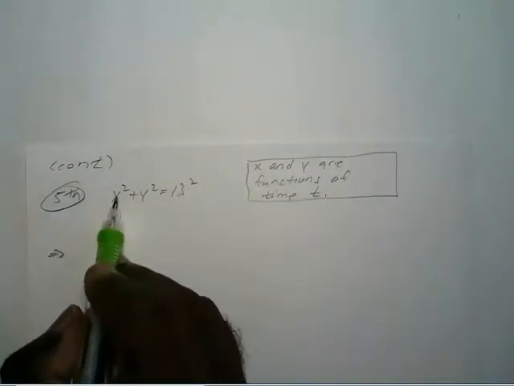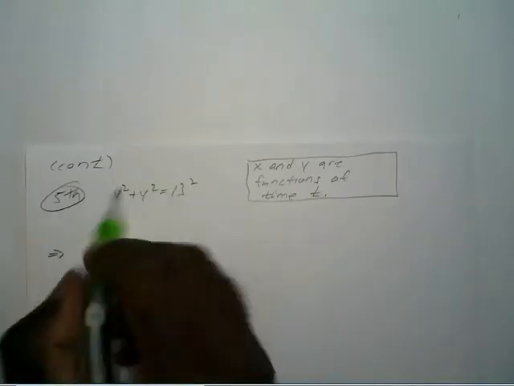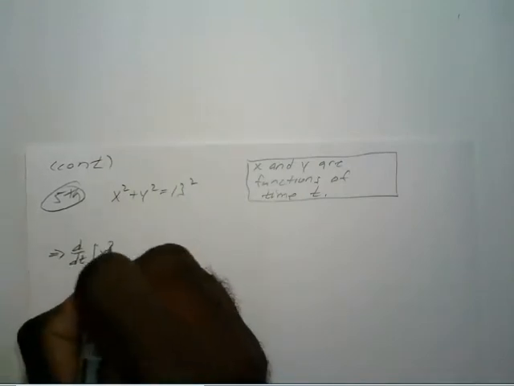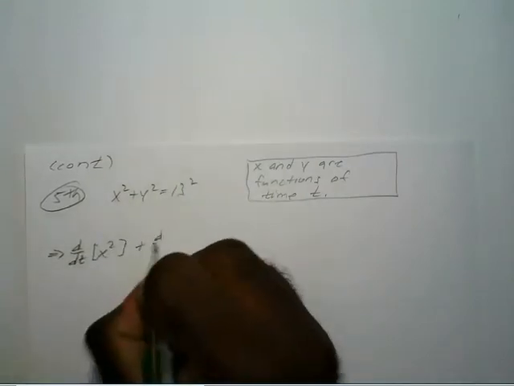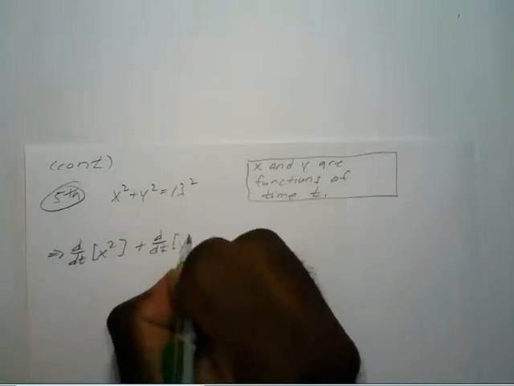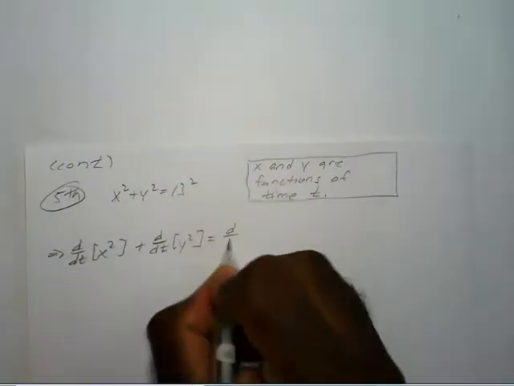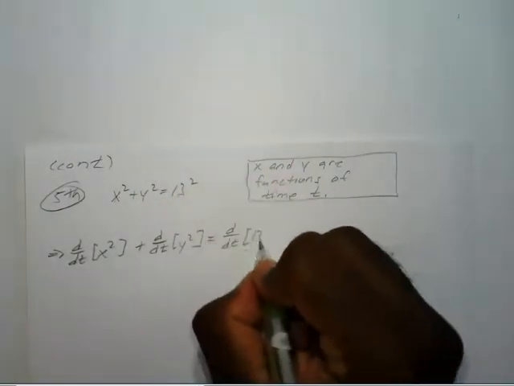Okay, so derivative of x squared with respect to time, plus the derivative with respect to time of y squared, equals the derivative with respect to time of 13 squared.